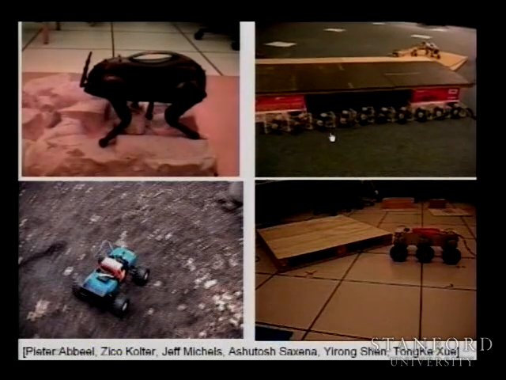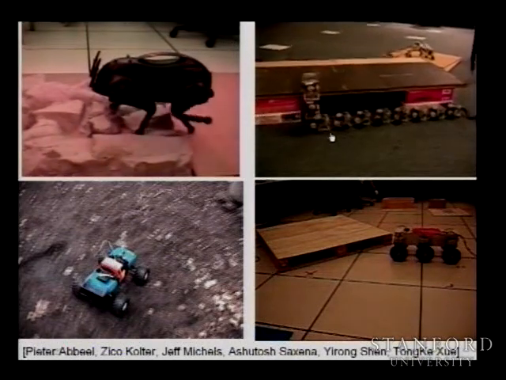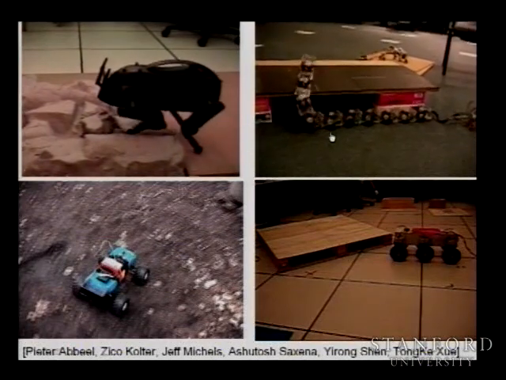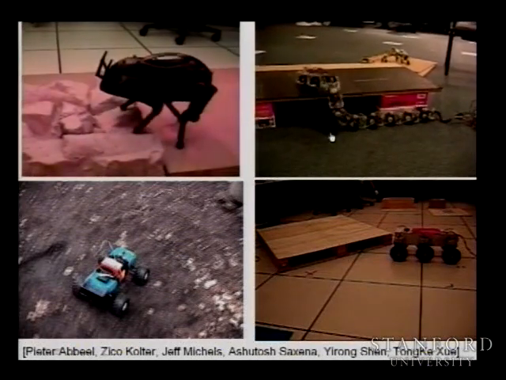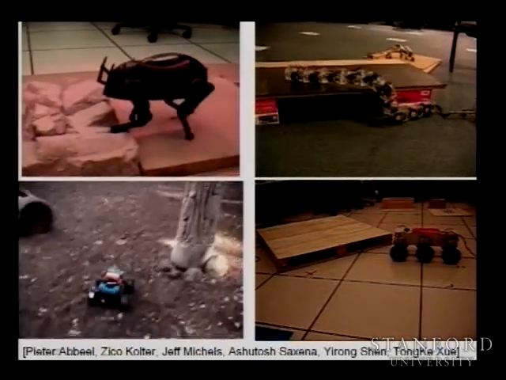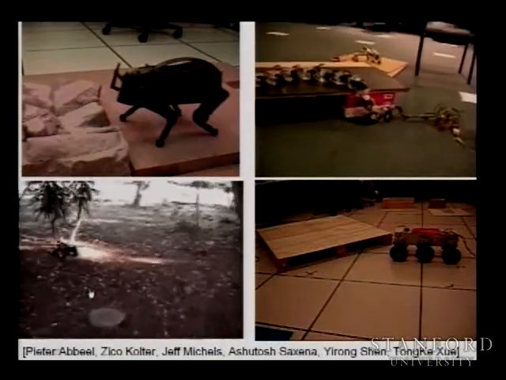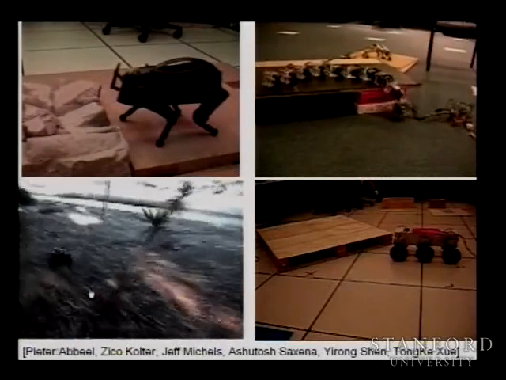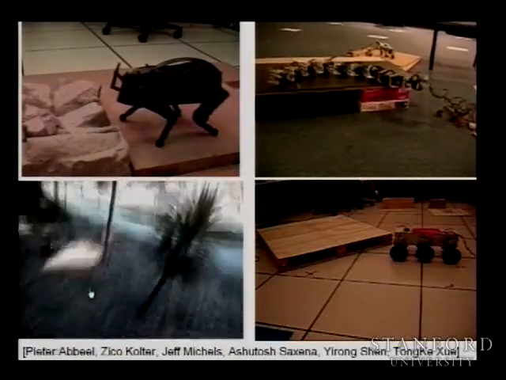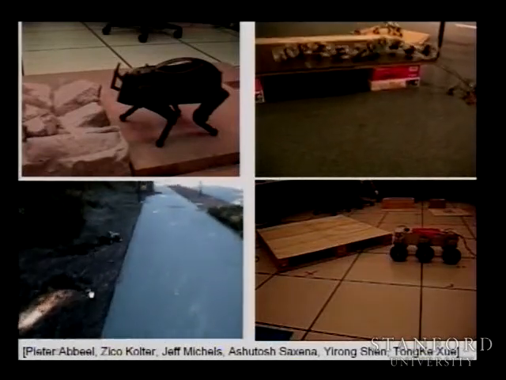Second video on the right, some of the students, I guess Peter, Zico, Tonka, are working on a robotic snake, again using learning algorithms to teach a snake robot to climb over obstacles. On the lower left, this is a kind of fun example. Ashtar Saxena and Jeff Michaels use learning algorithms to teach a car how to drive at reasonably high speeds off-road, avoiding obstacles.